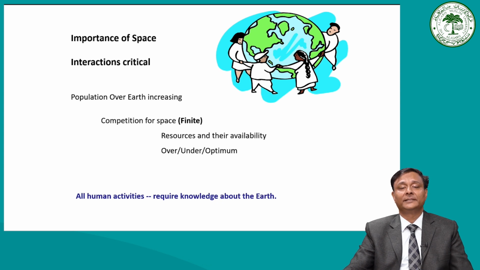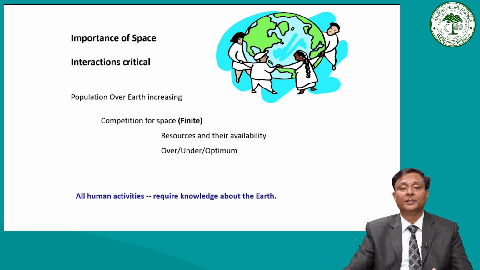There is no doubt that we have increased competition here. When you bring in the concepts of overpopulation, underpopulation and optimum population, all of them are very crucial and relevant to our learning about space. These terms have meaning more with effective and appropriate utilization of resources rather than abundance of resources.